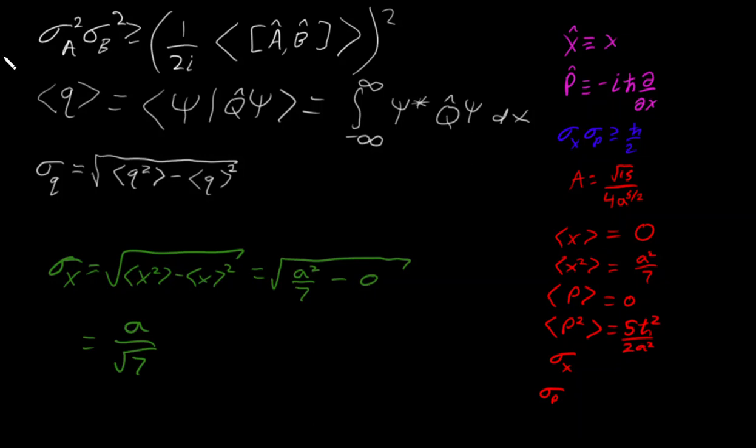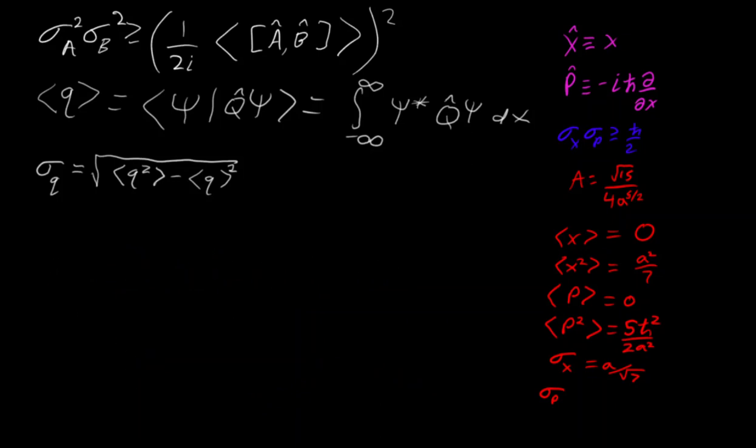Okay, so I'll write that one down. So this is equal to a over the square root of 7. And that makes sense. The wider the possible positions are, the wider that parabola is, the more deviation in the position there's going to be. The probability distribution of the positions is more spread out.